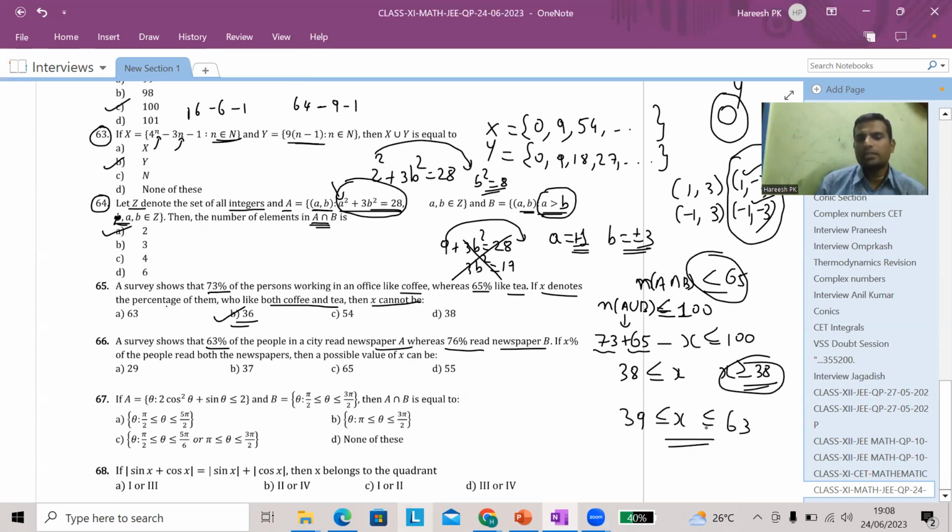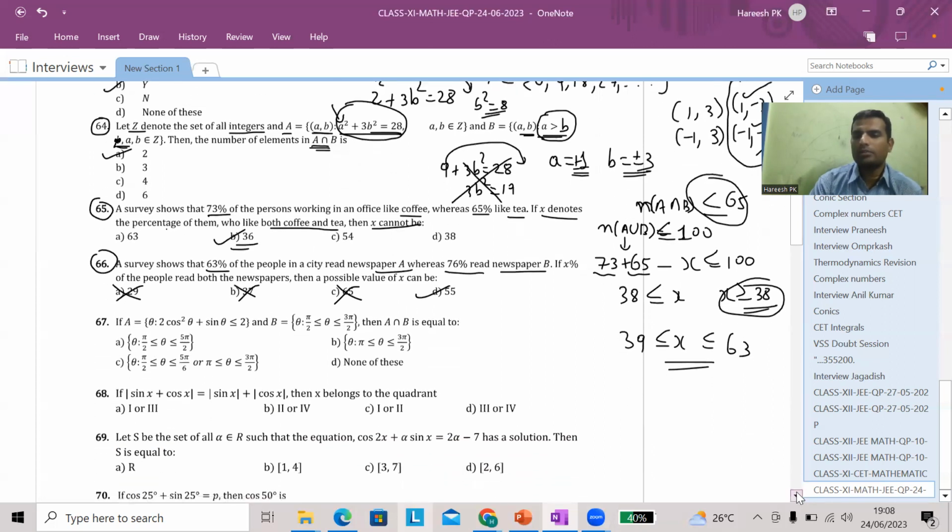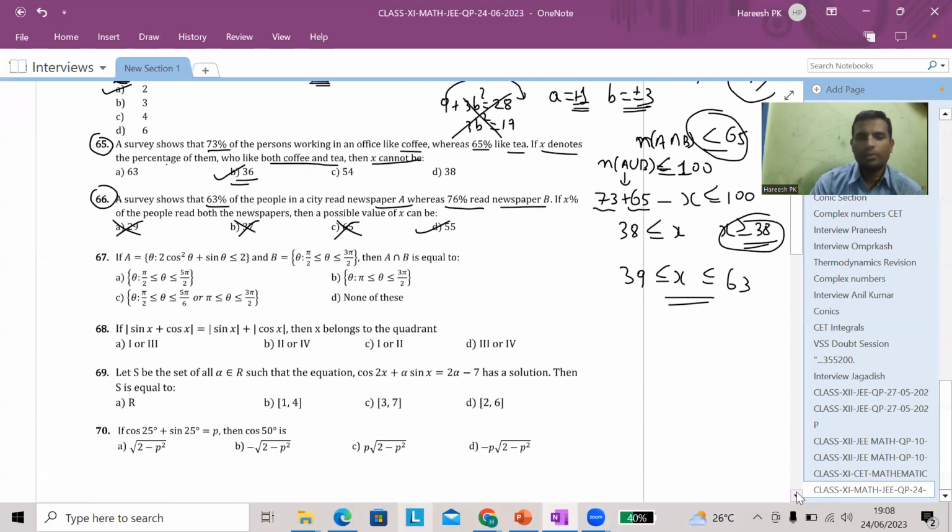So x can be what value? X cannot be this. X cannot be this. X cannot be 65 also. So x has to be 55. So similar questions, 65 and 66. Just to stress on the importance of these type of questions in the competitive exams.